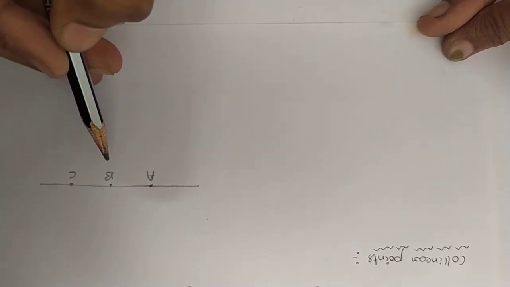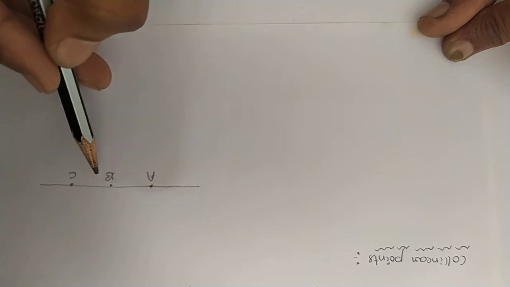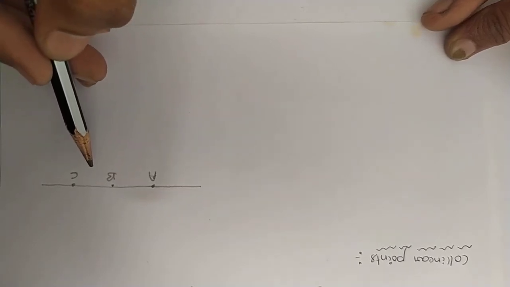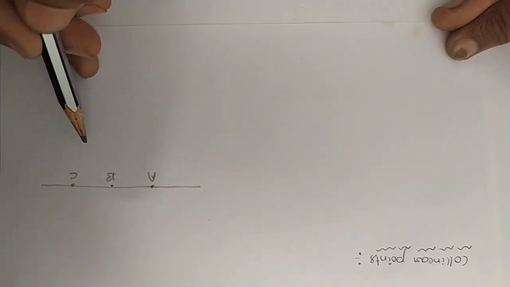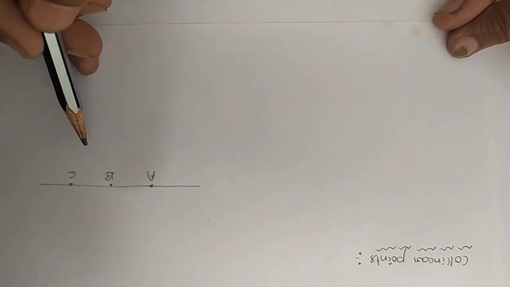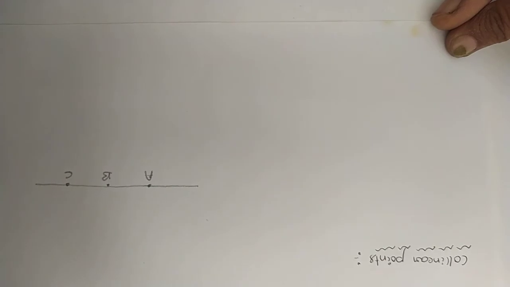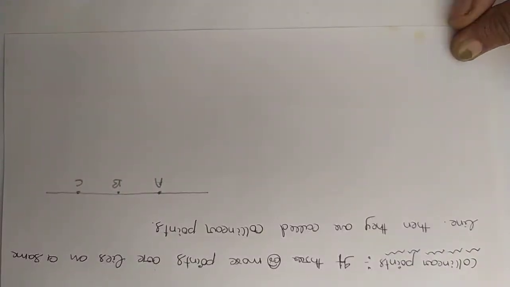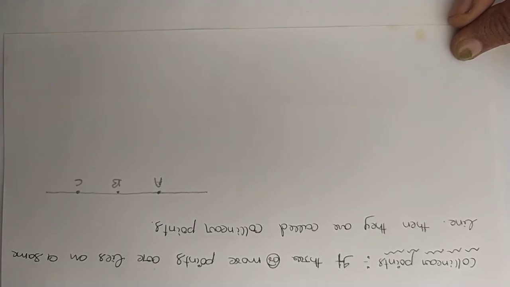If three or more points lie on a same line, then they are called collinear points. It is the definition of collinear points. Once again, if three or more points lie on a same line, then they are called collinear points.